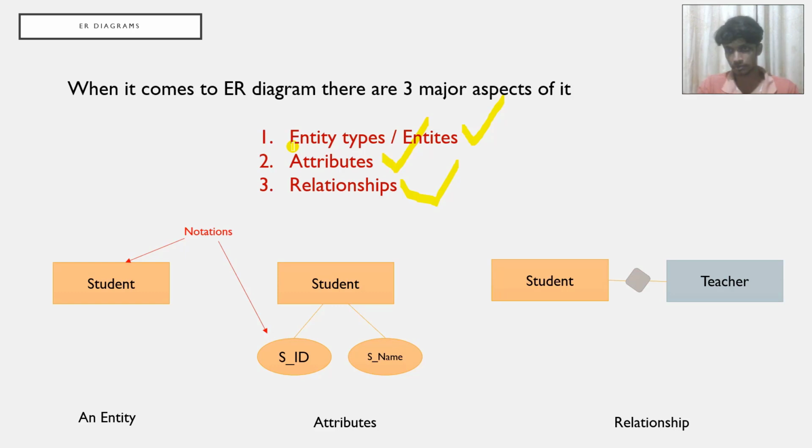Basically partial participation means maybe there are some instances participating in that corresponding context, and maybe there are some instances not going to participate in that context. So the participation will be maybe 0, maybe greater than 0, but 0 exists, which means it covers the lower part of the possible range, and that's partial participation.